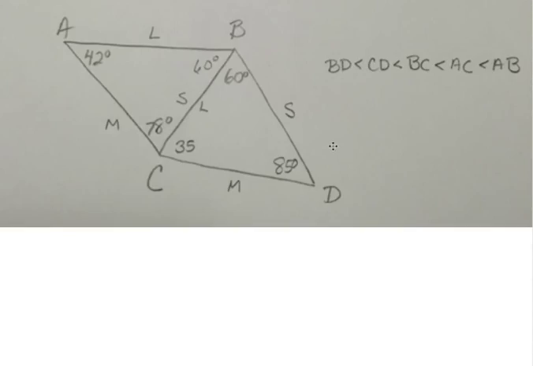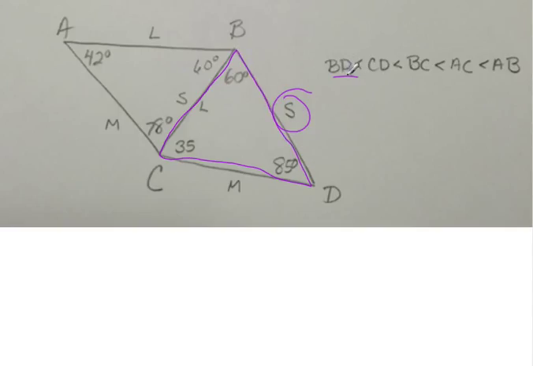Now, when you find your smallest segment, you look around the outside of your figure and locate the S for small. The smallest side overall is the segment BD. So you can see I've listed that there. This tells me that I'm going to begin listing my triangle sides in order from smallest to largest in this triangle.